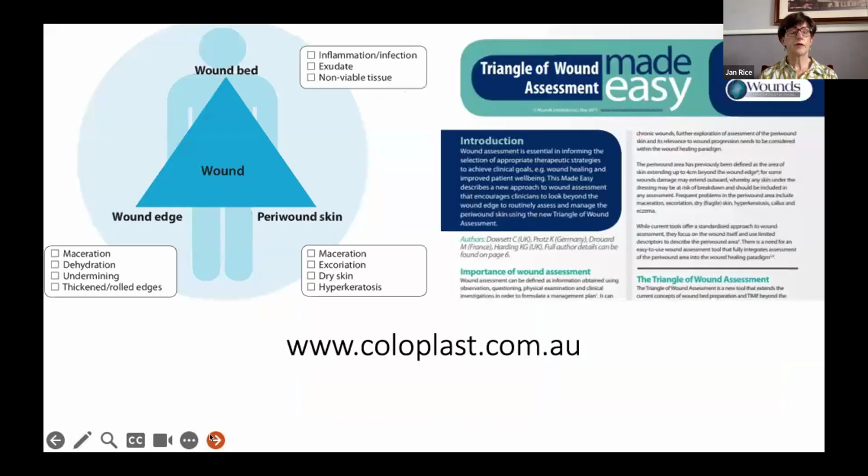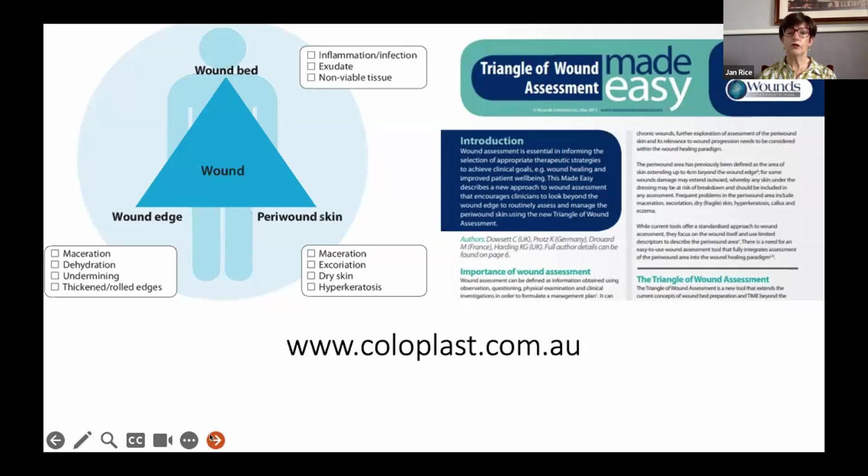So when it comes to wound assessment, this is a brilliant document. It was supported by an educational grant from Coloplast, so you will get it through your Coloplast representative, but it's also available on the net. This is wound and skin assessment, and it shows very clearly what we're looking at: the peri-wound skin, the wound edge, and the wound bed itself.